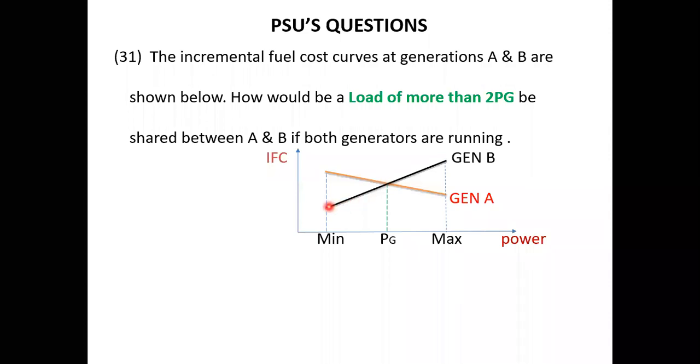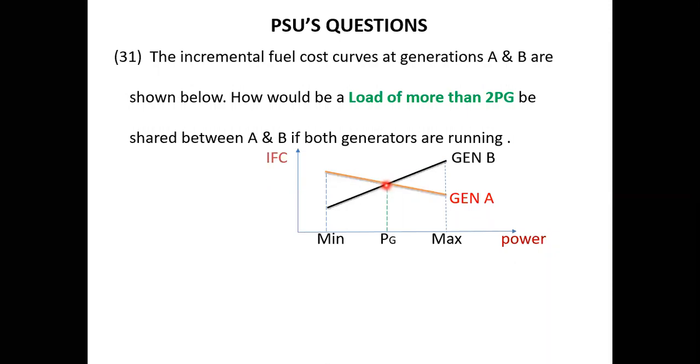Then again consider generator B. At this point, the incremental fuel cost for generator B is less when compared to generator A. As you move from minimum power generation to PG level, it increases up to this point. Exactly at this point, what happens?